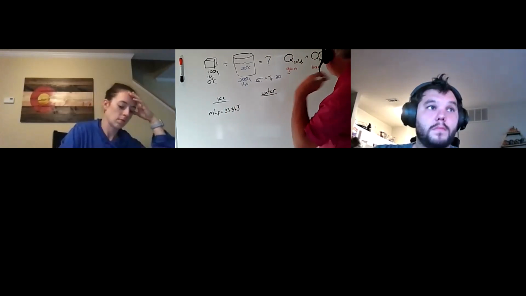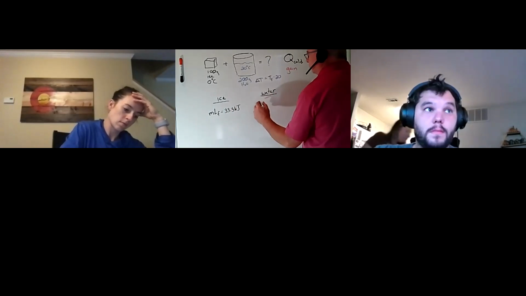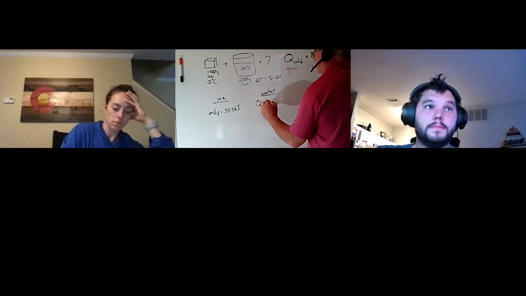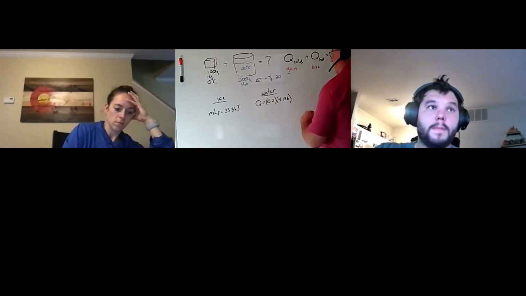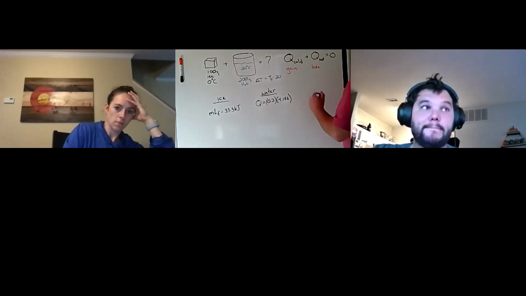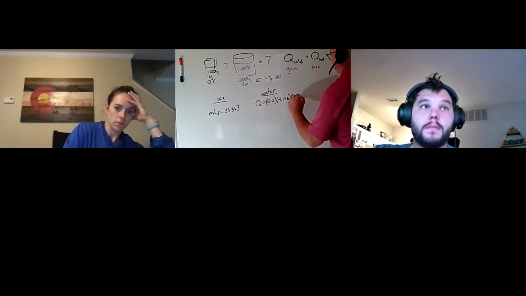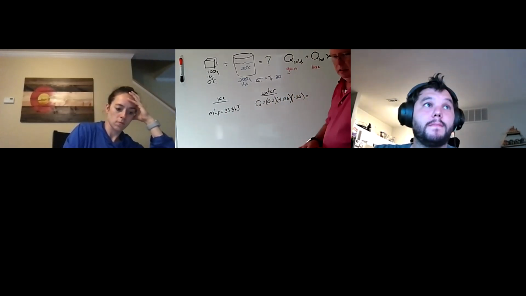And we come over here to the water and try to figure out, if the final temperature is in fact 0, then how much heat is that? So that's going to be 0.2 kilograms times 4.186 kilojoules. And then the temperature change, if it goes from 20 degrees down to 0, is going to be negative 20. Okay, so let's do the math out and see how that comes out.